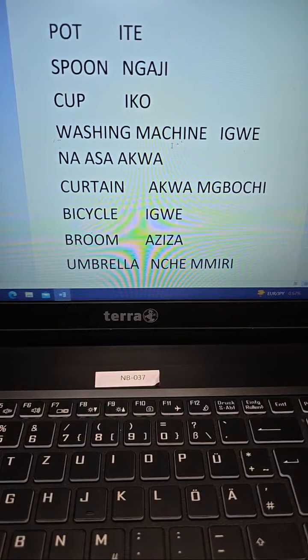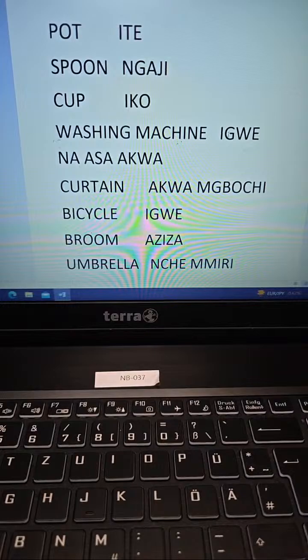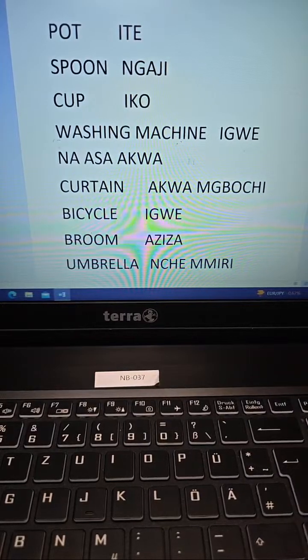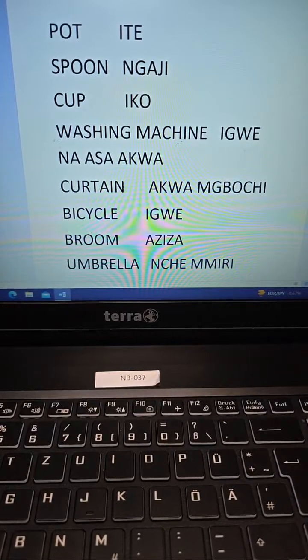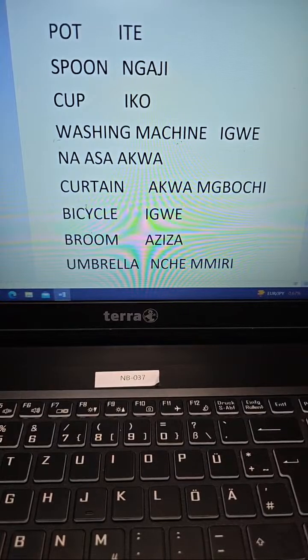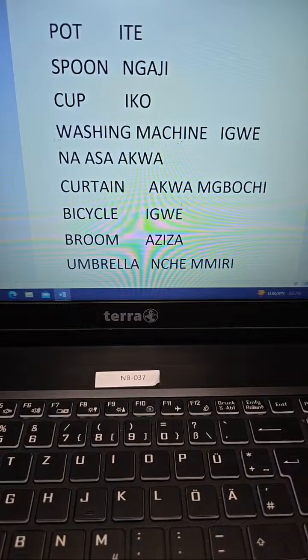Washing machine, igwe na-asa akwa. Curtain, akwa mgbochi. Bicycle, igwe.